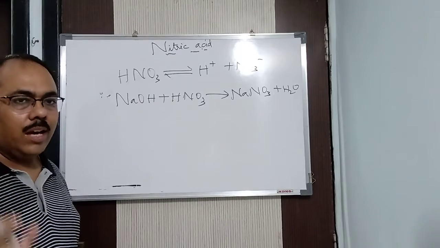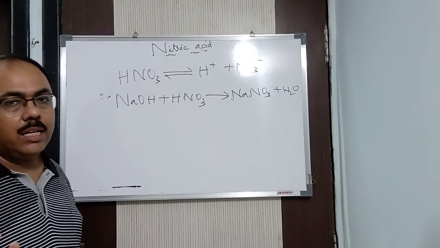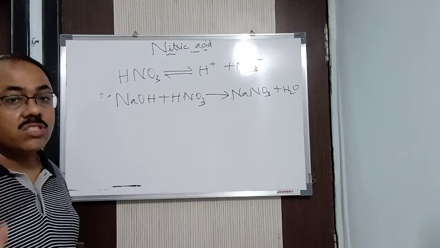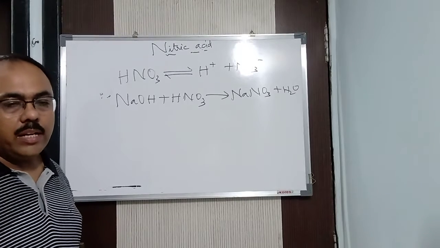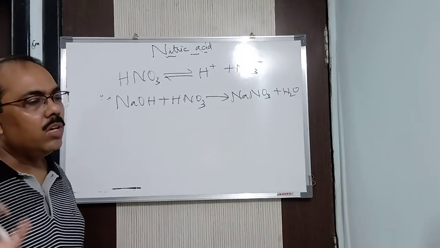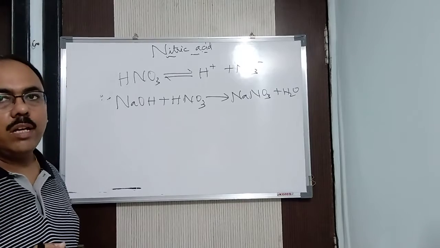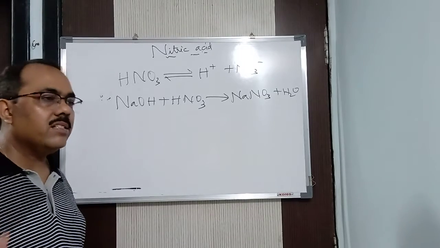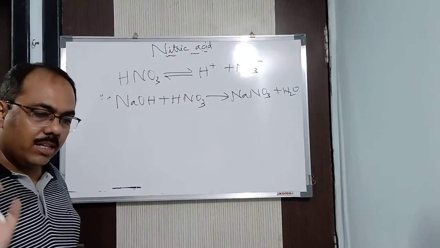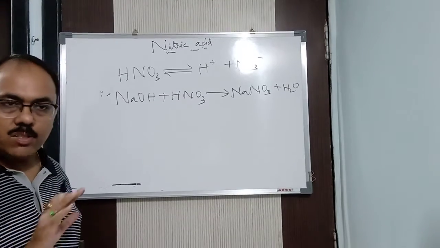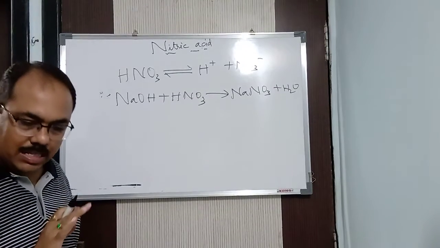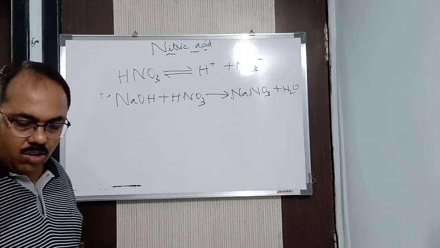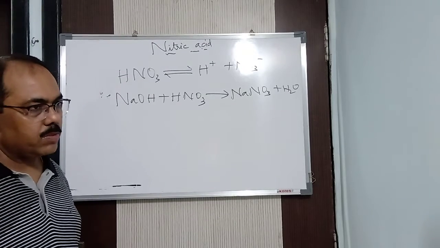Hence, I told you last class that concentrated nitric acid acts as a strong oxidizing agent. It gives you nascent oxygen. Dilute nitric acid also does. But concentrated nitric acid does not ionize. It does not act as an acid. Rather, it acts as an oxidizing agent. You remember this particular thing.